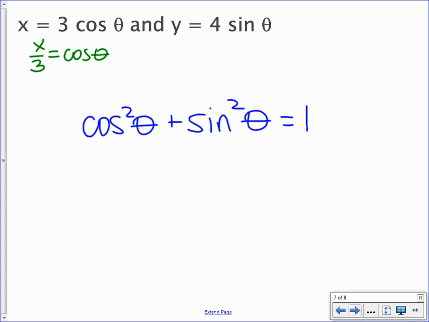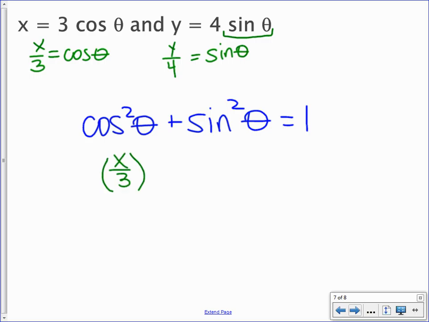And is it possible to solve for sine theta? We could write sine theta as what, Courtney? If we solved for sine theta, what would we do with 4? Yeah, so sine of theta would be y divided by 4. So now, instead of cosine theta, we could write x over 3.